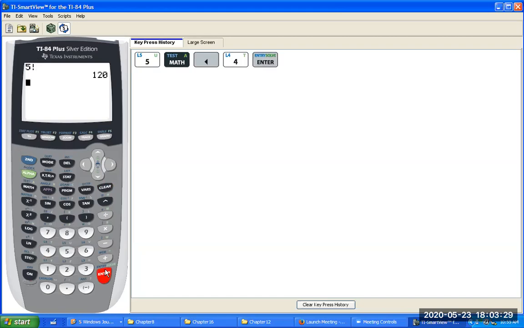So 5 factorial is 120. So that's one way of finding the factorial, is to use a calculator.